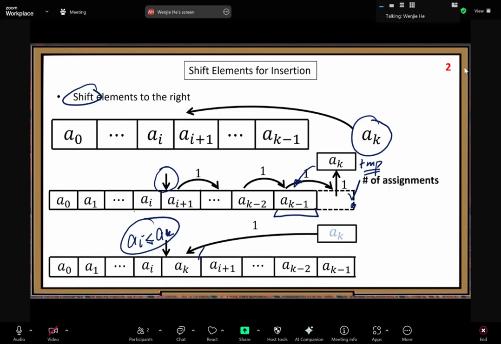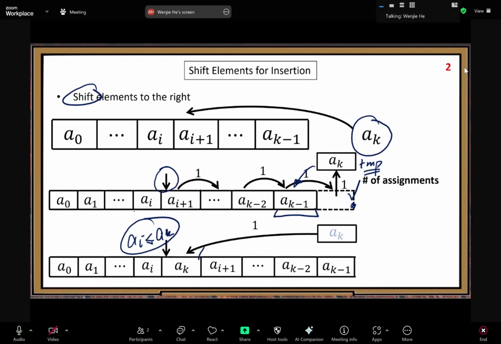So now you can see, when you do one typical insertion step, you need to do many comparisons and many shift operations. And what is the shift operation?